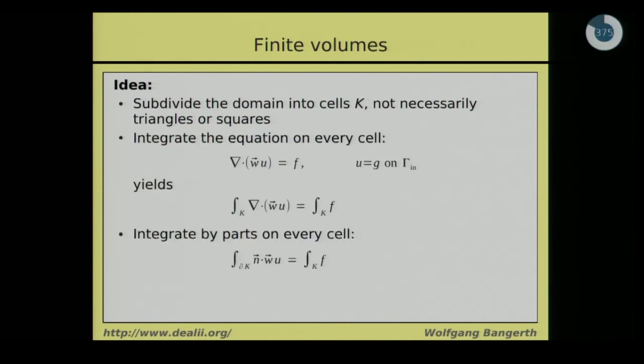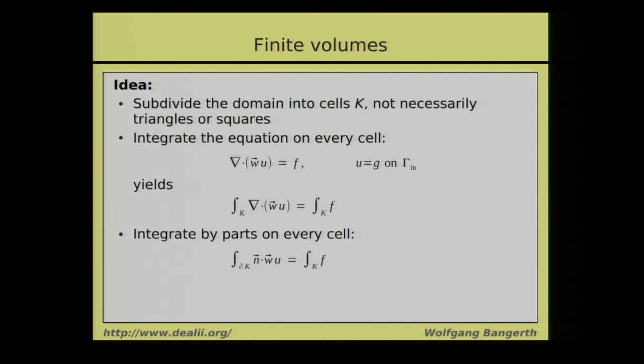And then you start with the strong form of the equation, and instead of multiplying it with a test function, what you're going to do is integrate it over a single cell. Okay, so if I have a cell K, I'm going to integrate this equation on the left and on the right over K, and of course my solution function U still has to satisfy that the left-hand side and the right-hand side are equal on every cell.